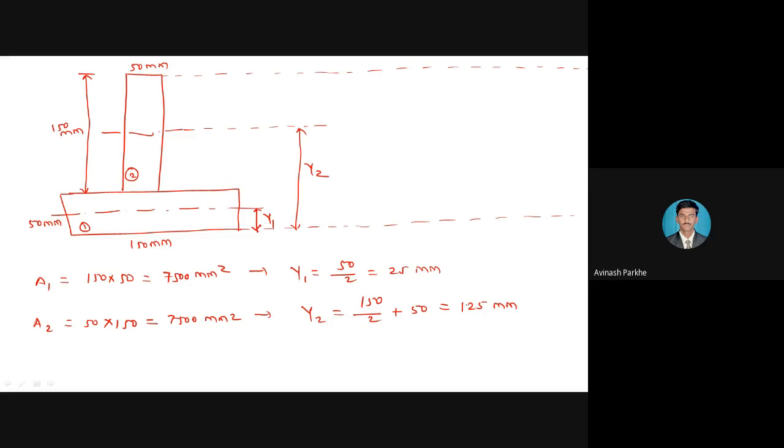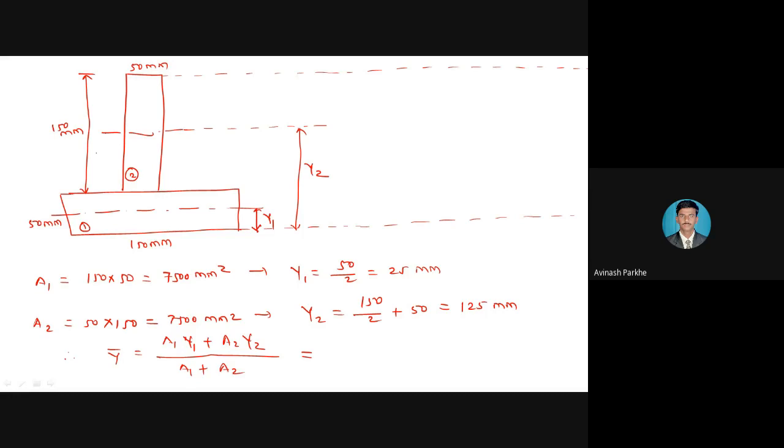Now tell me the value of y bar. The formula: y bar is equal to A1 y1 plus A2 y2 divided by A1 plus A2. Tell me the value of y bar. It means I have to represent the position of neutral axis.